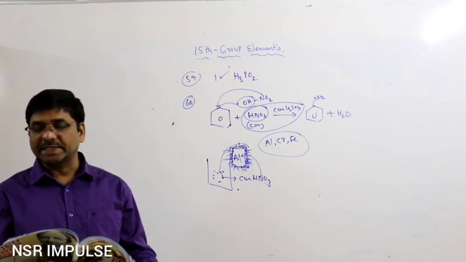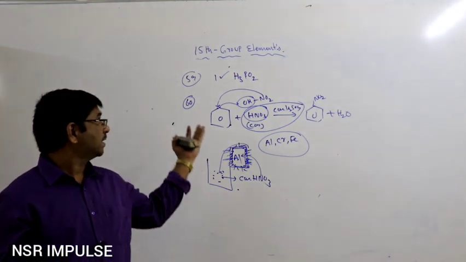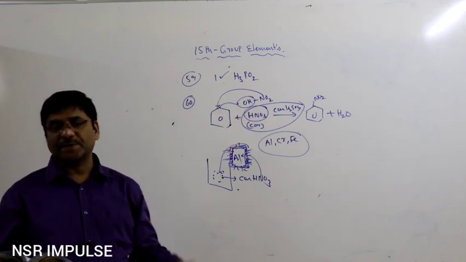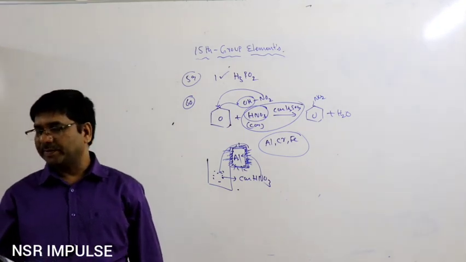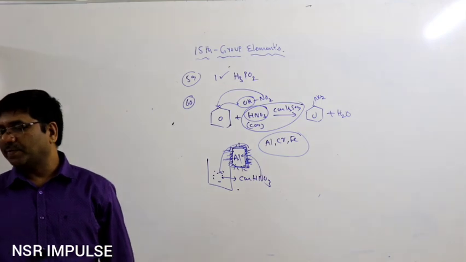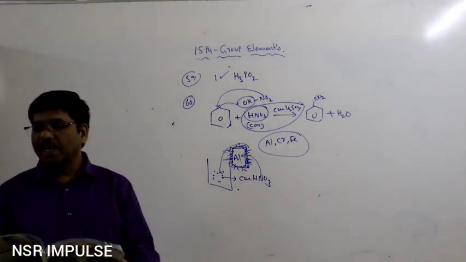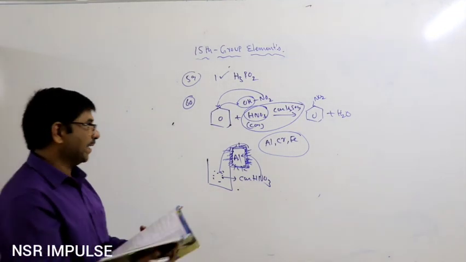Question number 66. Ammonia burning in oxygen gives what? You know it is there in our Ostwald's process. It forms nitric oxide and water. Next, 67: an aqueous solution of ammonia contains which ions?